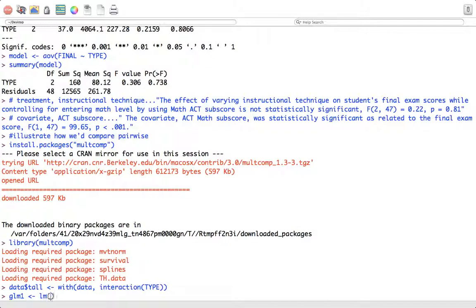So I'm going to run a linear model, and I want to look at my final exam score as it relates to a covariate of ACT, and then I come in with plus tall.